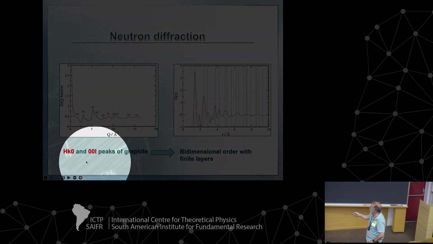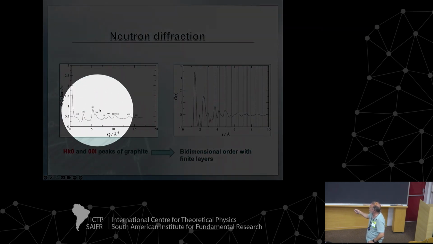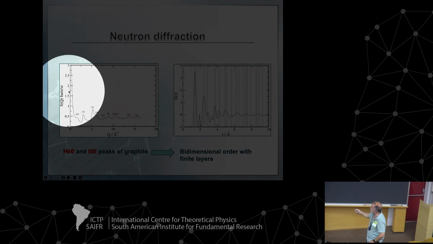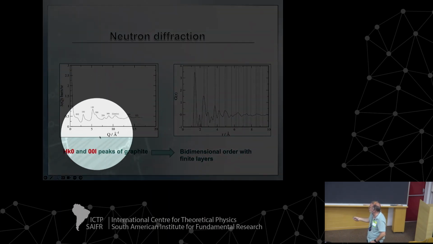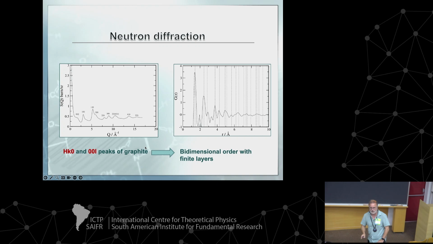And we found, for instance, that these peaks that we got in our neutron scattering experiment were matching the peaks of graphite. That means, gosh, we have the structure of graphite, but there is disorder. You can see there, you don't have the perfect layers that you have in graphite. But there are layers, right? So there must be some sort of two-dimensional order with finite layers.